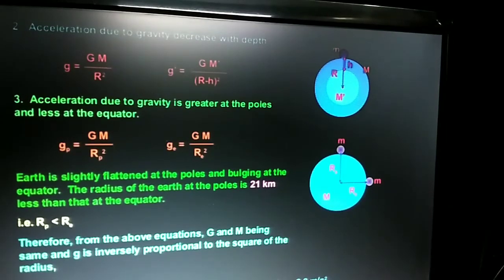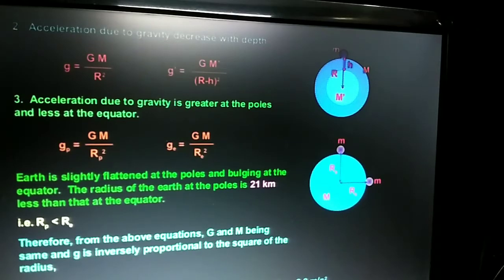So R p is less than R e. Therefore, from the above equations, G and M being the same and g being inversely proportional to the square of the radius, gravitational acceleration at the poles is greater than at the equator.